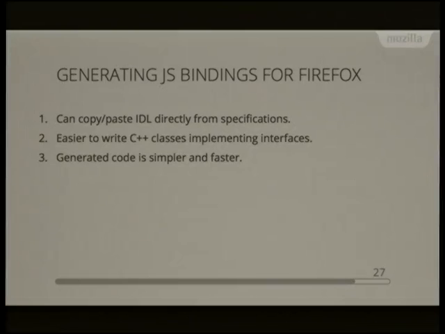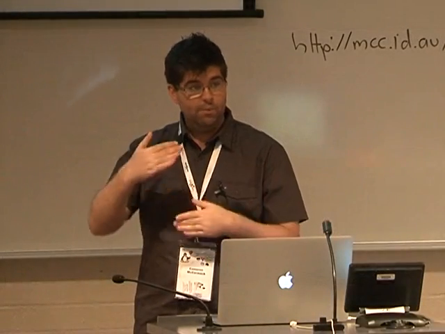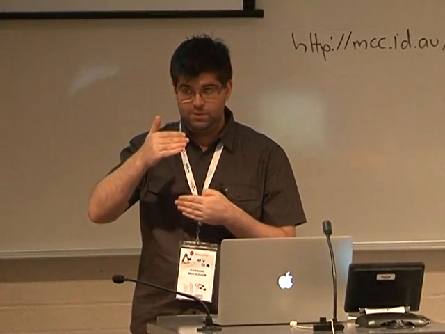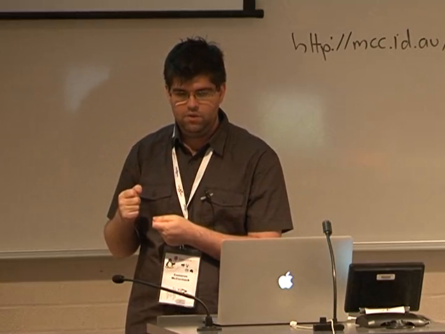Okay, so in terms of implementation, in Firefox we have been recently converting our underlying bindings from JavaScript to C++ to use WebIDL directly. So previously we had some other IDL variant language. And really that means that firstly it's easier for developers because they can just copy and paste IDL fragments from the specification and paste them into a file and it'll generate the right bindings for us.